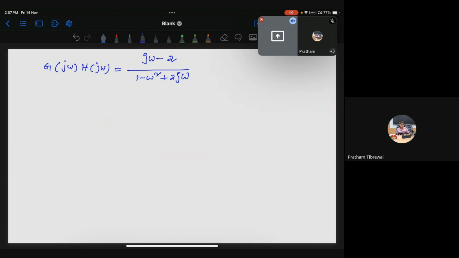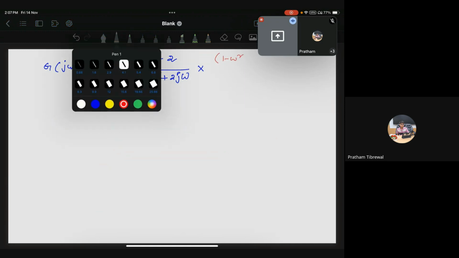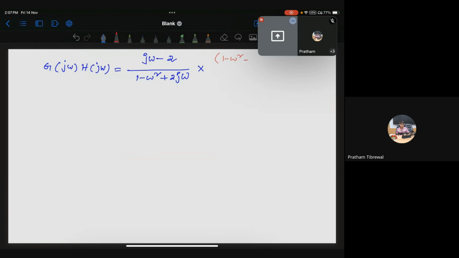Now I want to separate these two terms into imaginary and real, so we can see what the imaginary part is and what the real part is. So let me multiply this with (1 − ω²) − 2jω.